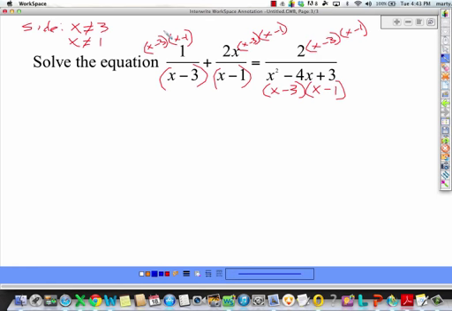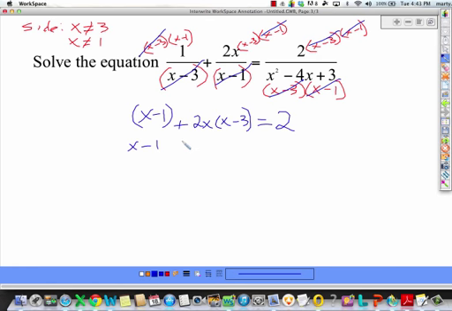These x minus 3's will cancel each other out, and I'm left with 1 times x minus 1, plus these x minus 1's cancel each other out. I end up with 2x times x minus 3, and over here those guys go away. I'm left with 2. So all we have left to do is put everything together. x minus 1 plus 2x squared minus 6x equals 2.